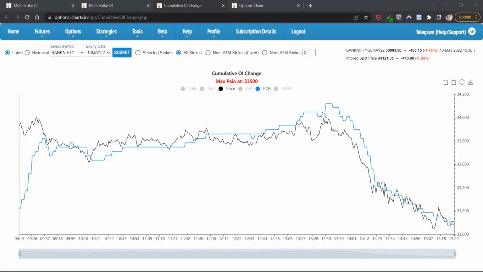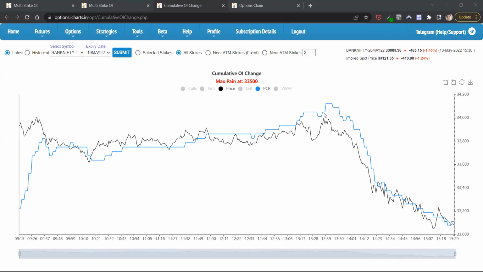Explain in the sense, see, why did PCR not change until say 1330 or 1350? Because OI buildup takes some time to change. It will not be very fast. This is for all strikes anyway, so the whole balance of call writers and put writers is going to take some time to change.